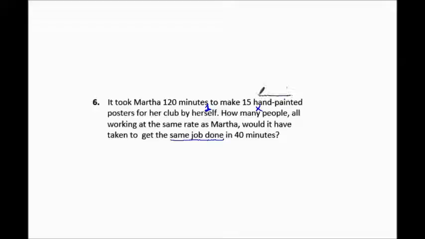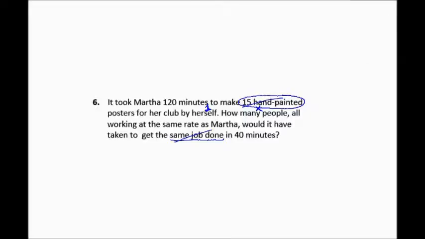So we're still talking about those 15 hand-painted posters. This 15 won't change in any situation, so because that's not changing, it's not included in my variation. Varying things means things that change. The same job won't change, so even though the number 15 is given here, I'm not going to be using that number.